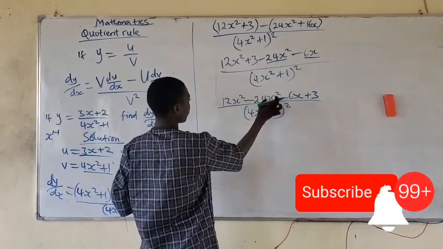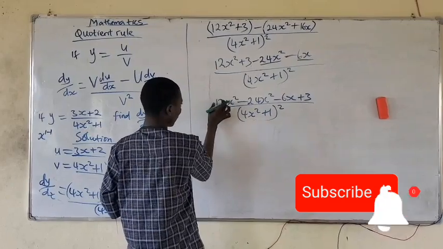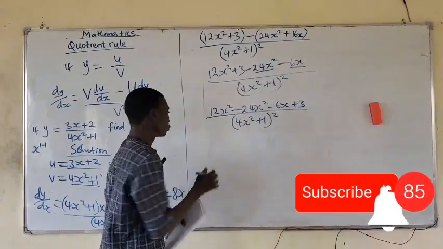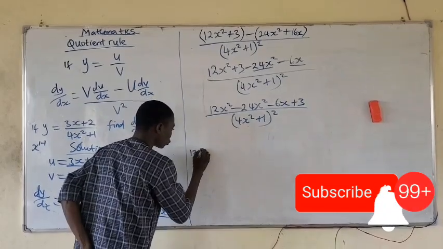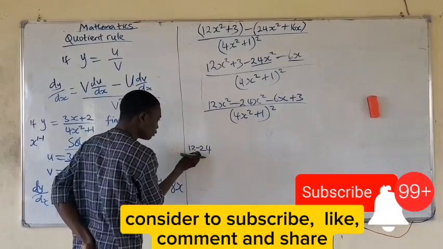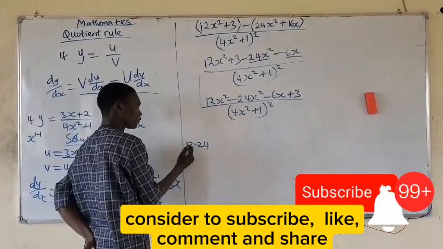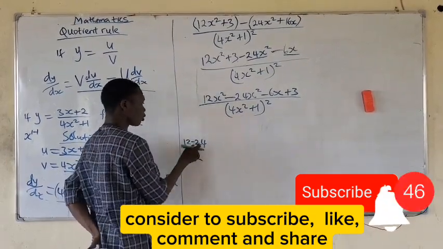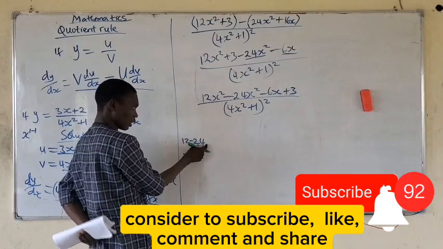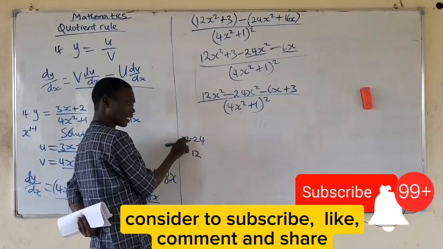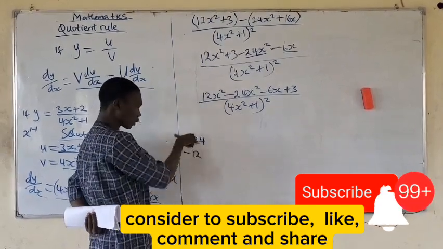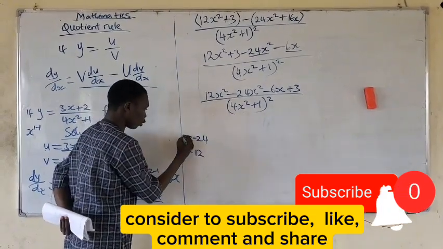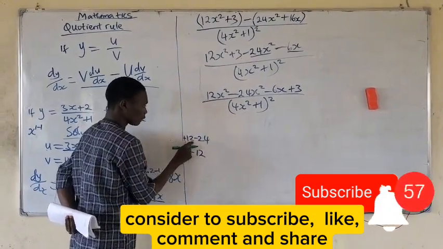Since this x squared and this x squared are the same, we can subtract 12 minus 24. If you subtract 24 from 12, it can't give you 12. It will give you minus 12, because you can't normally subtract 24 from 12 since 24 is bigger, so you put minus there. It's just like plus 12 minus 24.